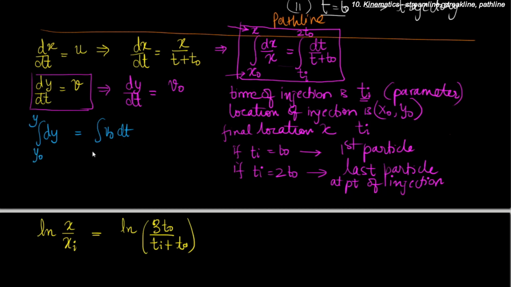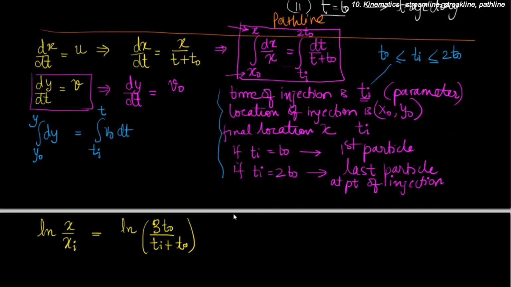Again, t will vary from some intermediate time, so this injection time ti is bounded between t naught and 2 t naught, and the integration limits will be from ti going all the way to the final time, and all the statements we have discussed remain valid.